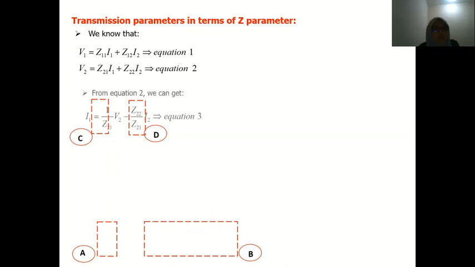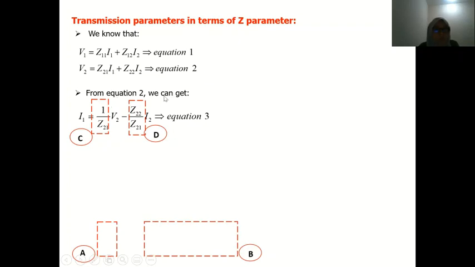The general Z parameter equations are V1 = Z11 I1 + Z12 I2, and V2 = Z21 I1 + Z22 I2. These are the Z parameter equations that we already discussed earlier.